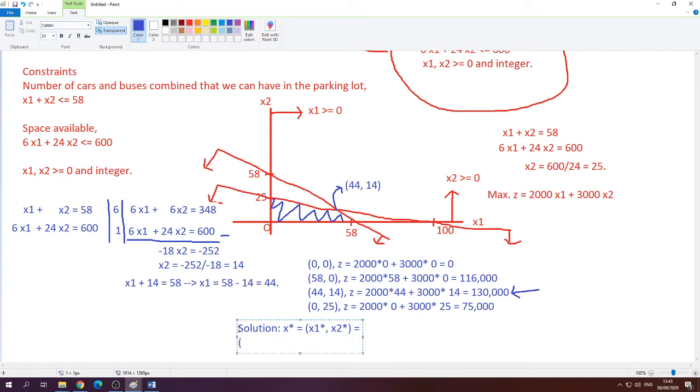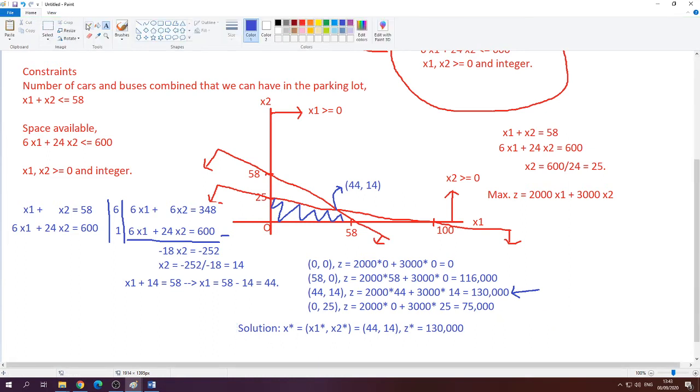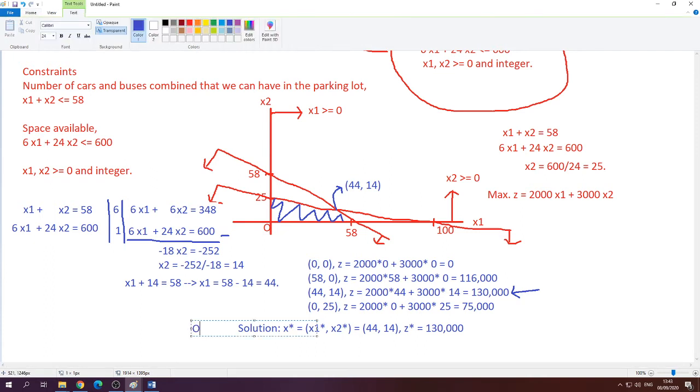and so x1 star equals 44 and x2 star equals 14, and the value of z star equals 130,000. So this is what we call the optimal solution.